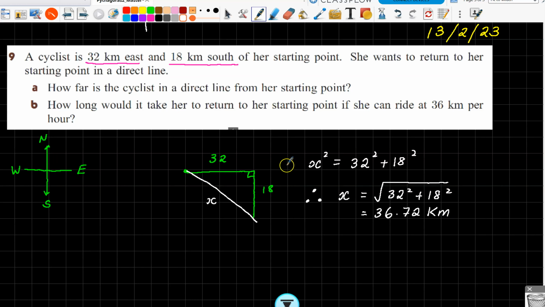Okay, part B. Part B, how long would it take her to return to her starting point if she can ride at 36 kilometres per hour? So we've got our speed. Who remembers the connection between speed, distance and time? Yes.